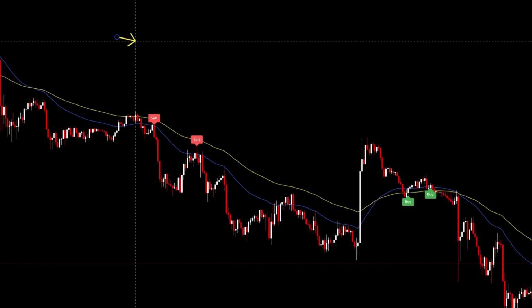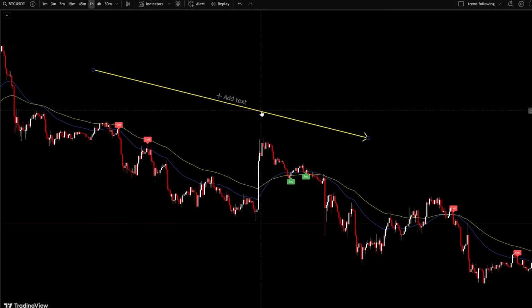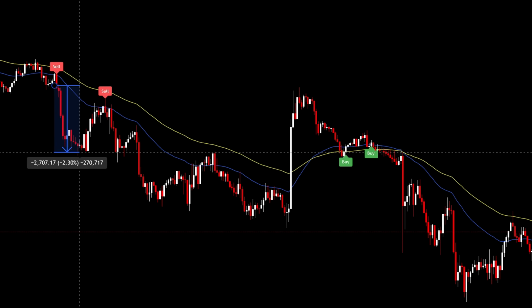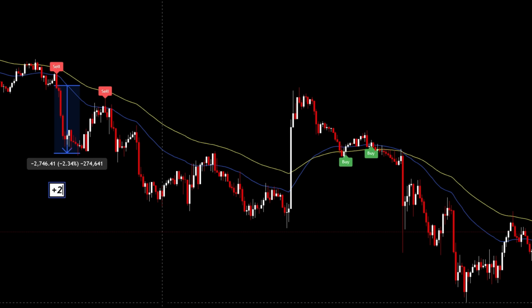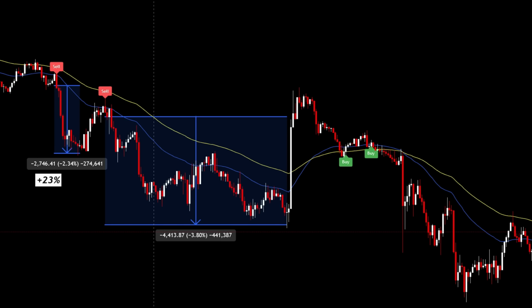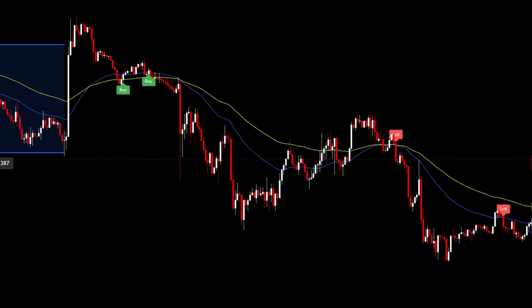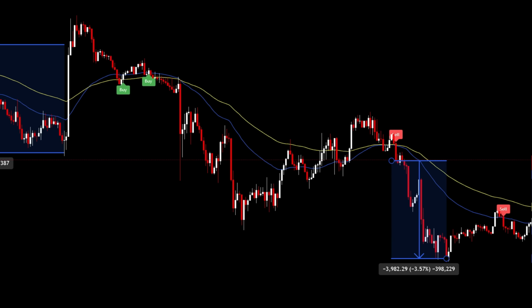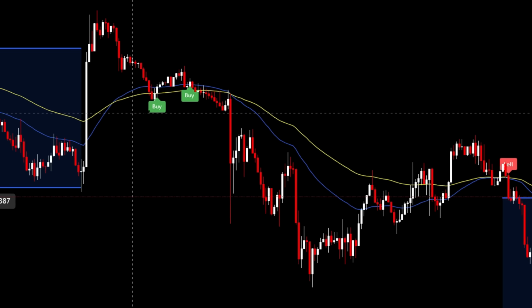Check out this BTC downtrend on the 1-hour chart. With those shorter EMAs, you'll notice more trade signals popping up. But there's a catch.